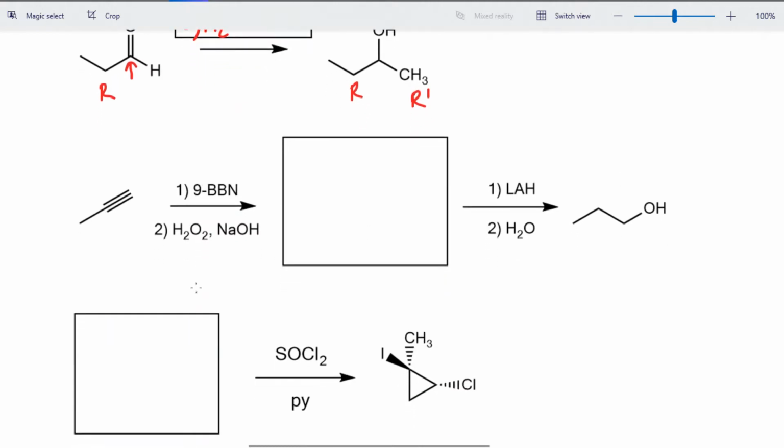Next, we're taking our alkyne, treating it with 9-BBN, H2O2, and NaOH in the second step. Now, you should remember this reagent, especially since we're at the University of Kentucky. And importantly in this reaction, it converts an alkyne into an aldehyde, specifically if it's a terminal alkyne.